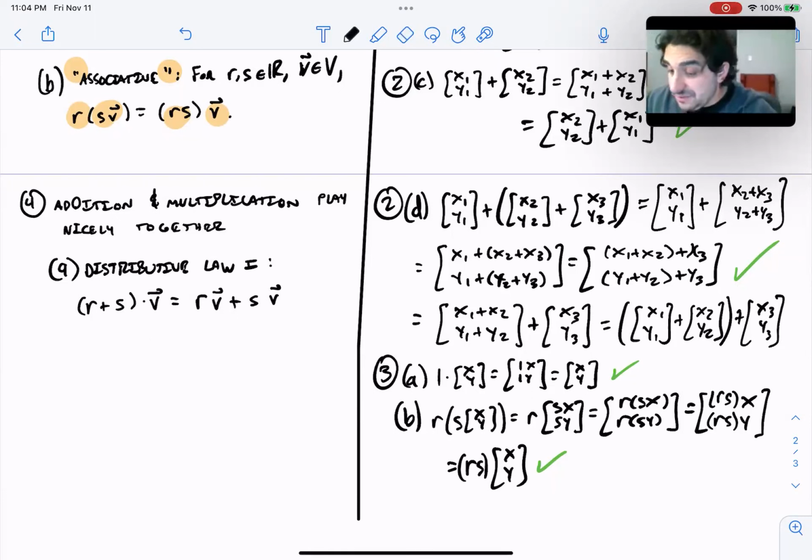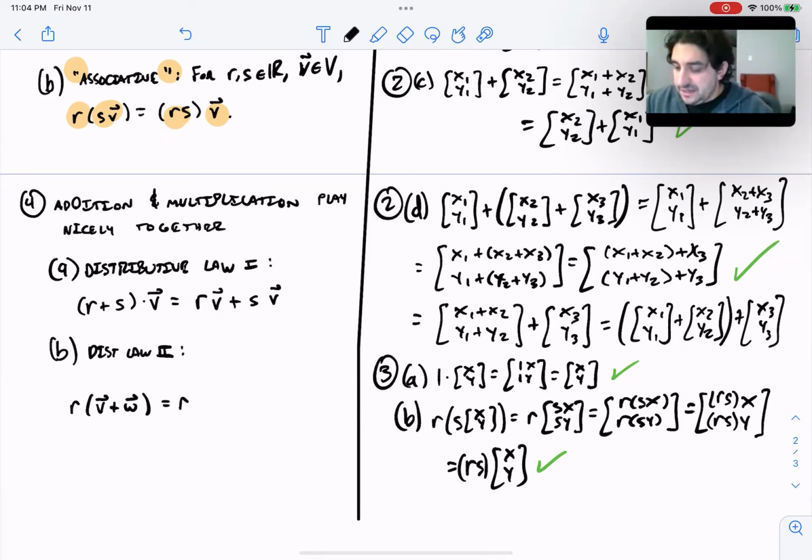But there's another way. It's a different property entirely. So distributive law 2: I want a scalar to distribute over a sum of vectors. That's another way that you could write down a distributive law.